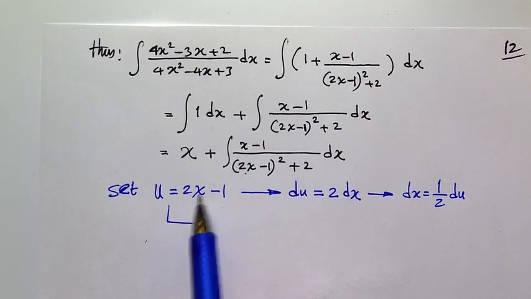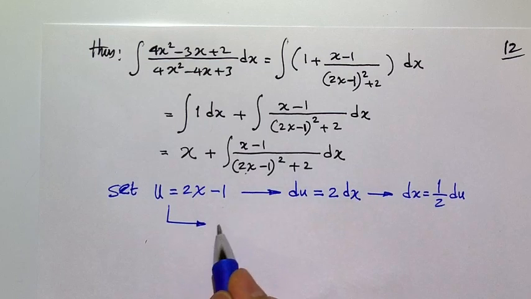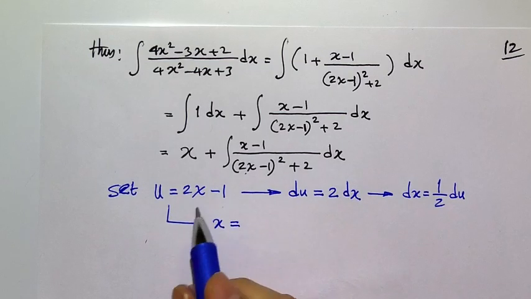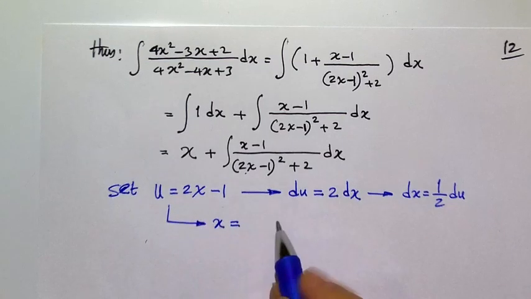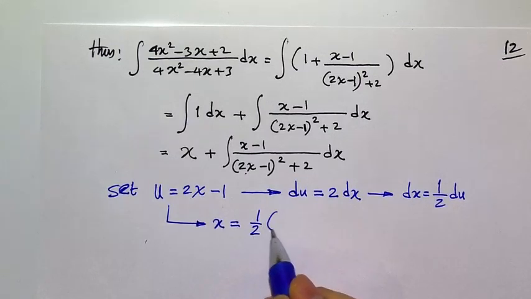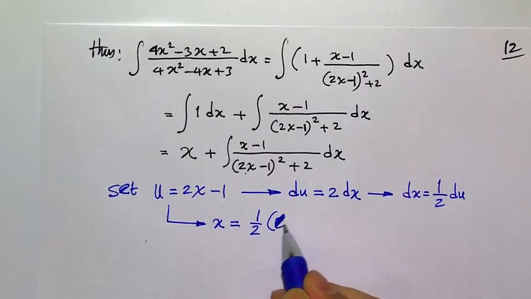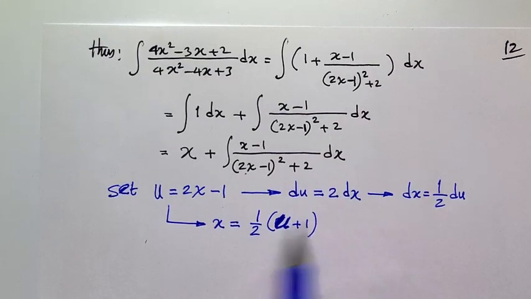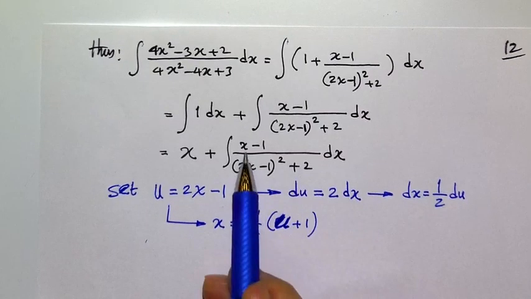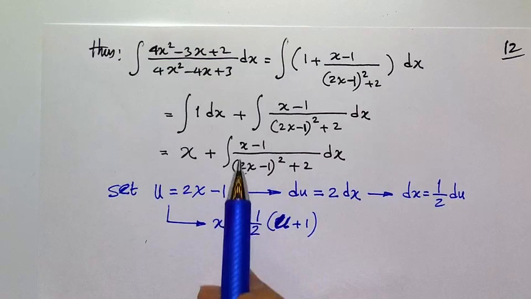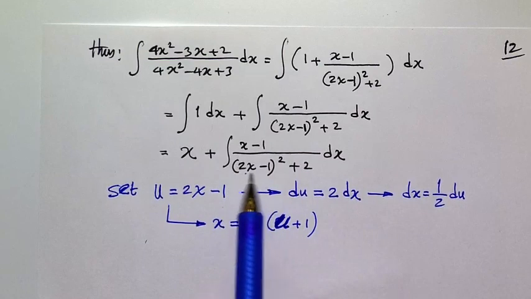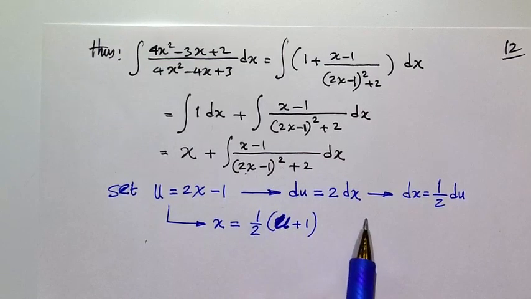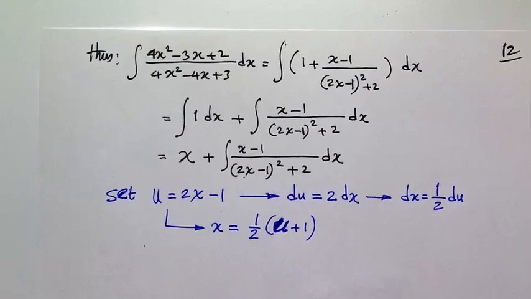If we solve for x here, we get x equals 1/2 u plus 1/2. Just solve for x using this equation, and we'll get that. So now for x, we have that expression to substitute. For this 2x minus 1 squared, we have u to substitute for. Let's do that.